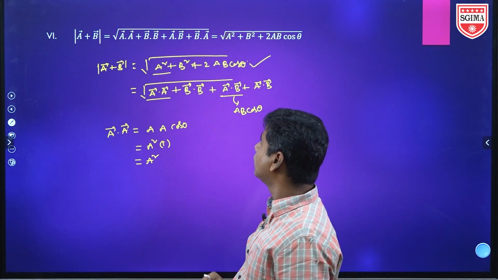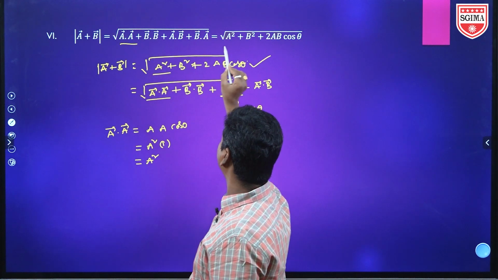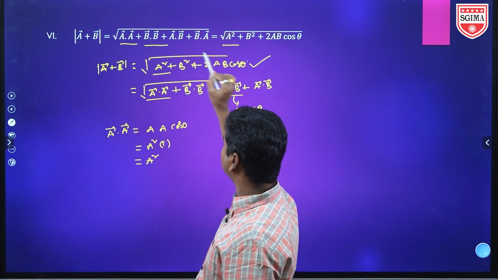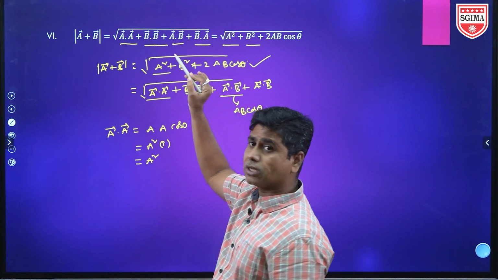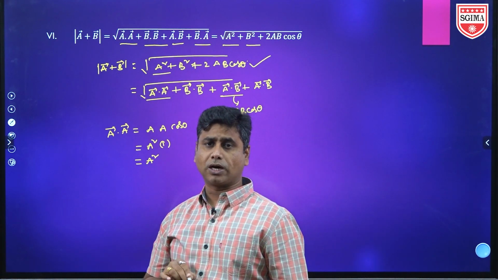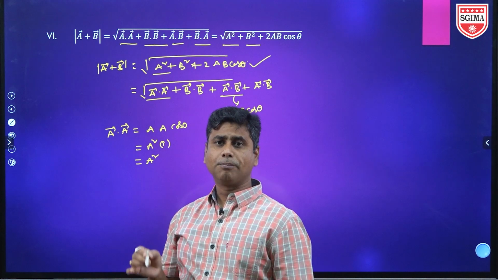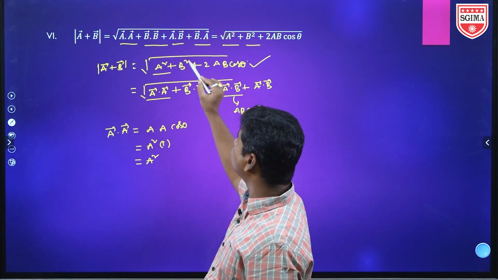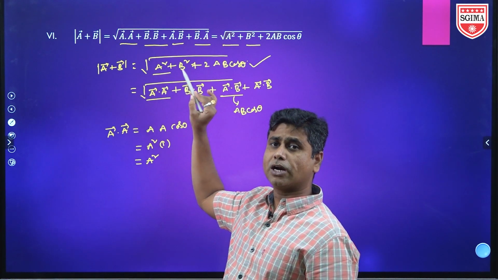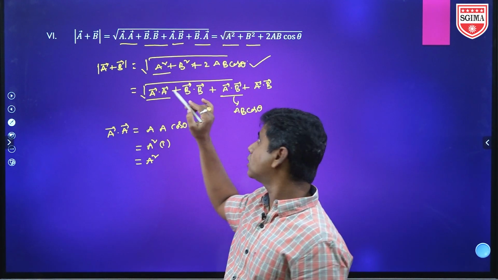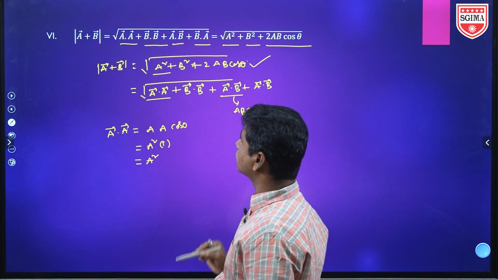Here A bar dot A bar equals A square, B bar dot B bar equals B square. For A bar dot B bar plus B bar dot A bar, according to the commutative law, A bar dot B bar equals B bar dot A bar. So we can write 2 A bar dot B bar, and since A bar dot B bar equals AB cos theta, 2 AB cos theta.